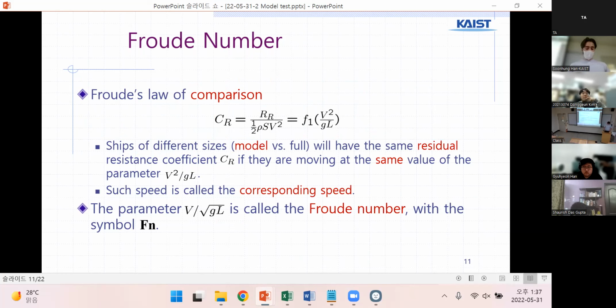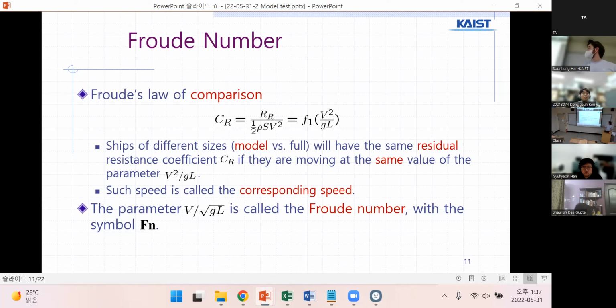So first, for the residual coefficient, which is Cr, we know that ships of different sizes, here we talk about the difference between the model and the real size ship, will have the same residual resistance coefficient Cr if they are moving at the same value of this parameter, V divided by the square root of gL.